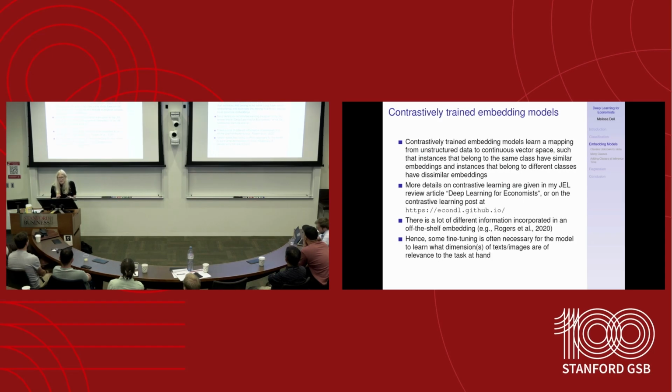All right, so the basic idea of contrastive learning is that you're learning a mapping from your unstructured data, so your text or images, to a continuous vector space, just like you would with any transformer model. But now you're training the model such that instances that belong to the same class have similar embeddings, and instances that belong to different classes have dissimilar embeddings.